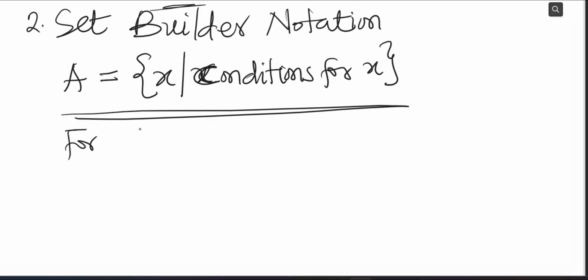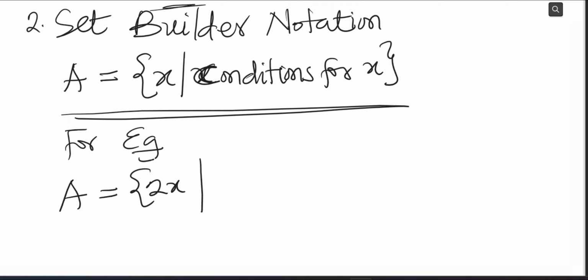For example, A is equal to 2x, such that x is a natural number. So this is what A actually contains, but these are the conditions for choosing the elements of A. So x is a natural number, alright, but whichever x we choose from the natural numbers, we multiply it by 2.